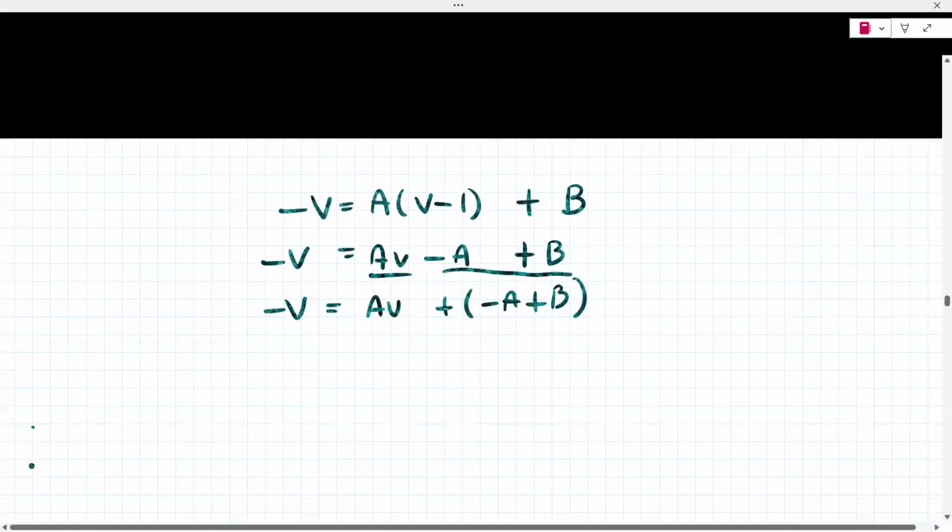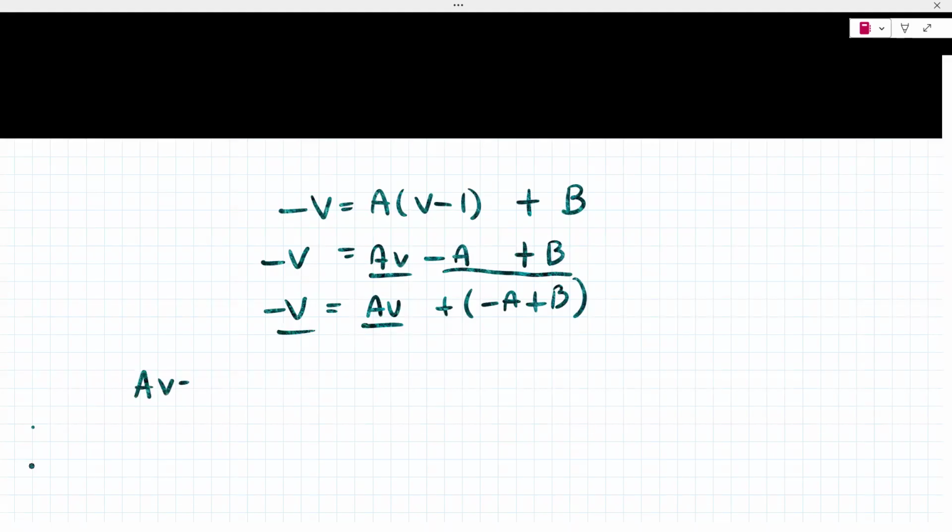So you kind of have to set it up as two different equations. You could say that av equals negative v, and then negative a plus b equals 0 because it's a constant. So you could say 0 equals negative a plus b. And if you got rid of this v, dividing both sides by v, you would say a equals negative 1.